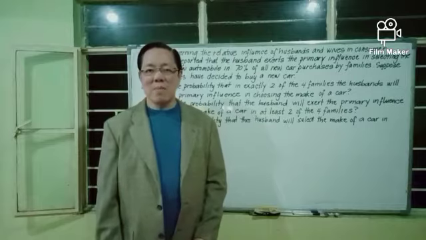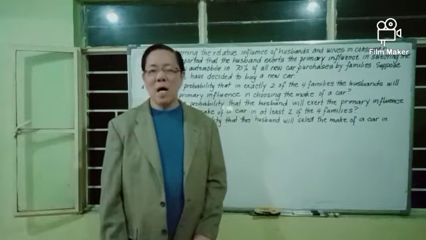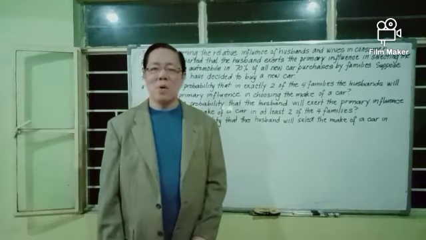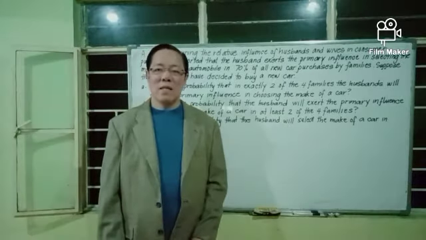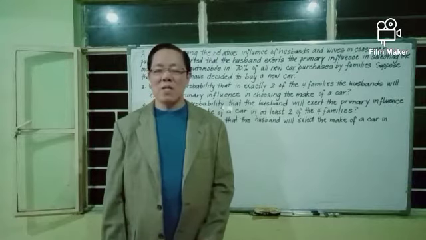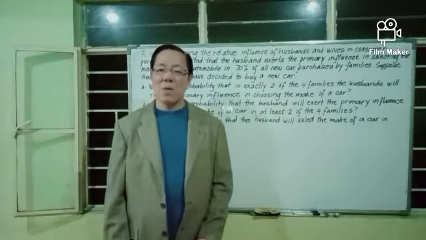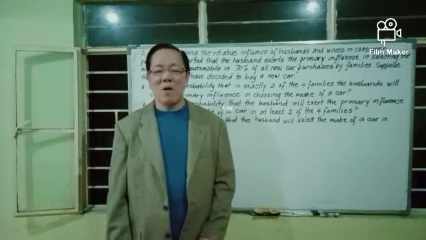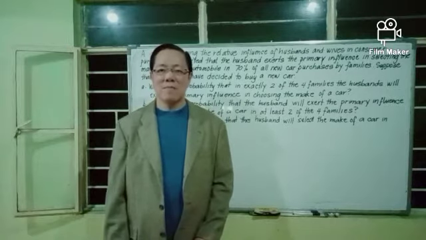And in this problem, there are 4 families who have decided to buy a new automobile. In letter A, we are asked the probability or the chances that exactly 2 of these 4 families will have the husbands decide which make or brand of automobile to buy.